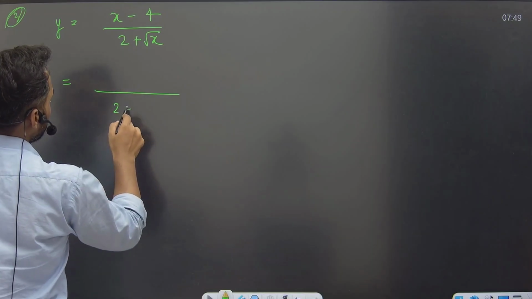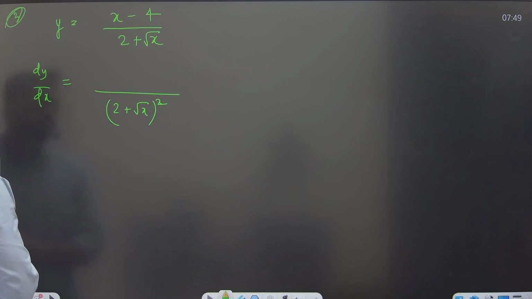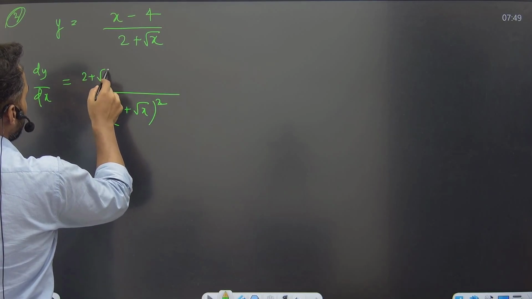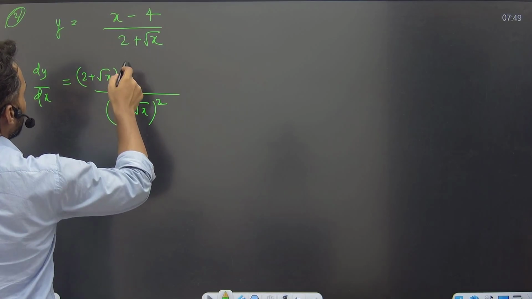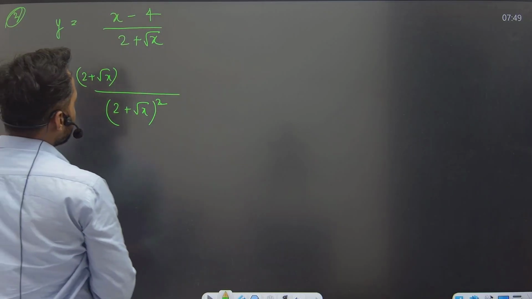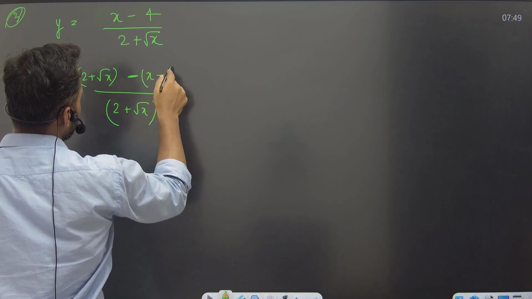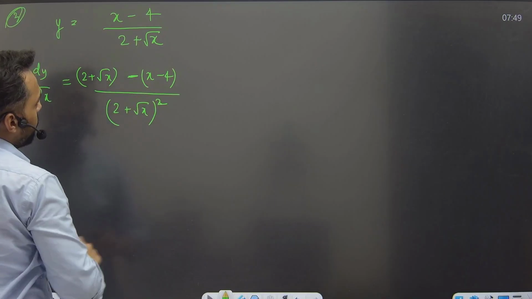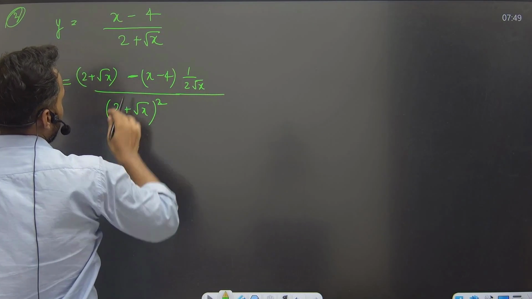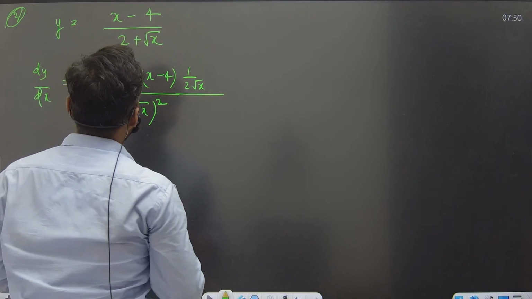The quotient rule gives (2 plus root x) whole square in the denominator. Now the numerator is (2 plus root x) into the derivative of x minus 4, which will be 1, minus (x minus 4) into the differentiation of the denominator part, which will be 1 by 2 root x, because the differentiation of 2 will be 0 and the differentiation of root x will be 1 by 2 root x.